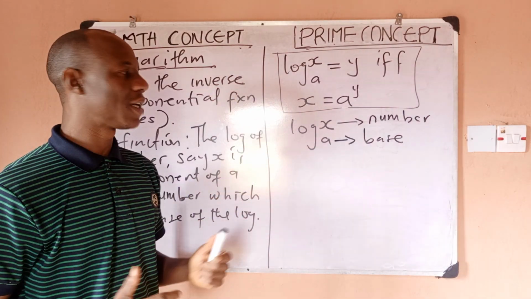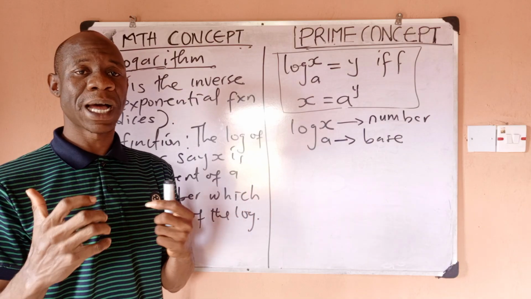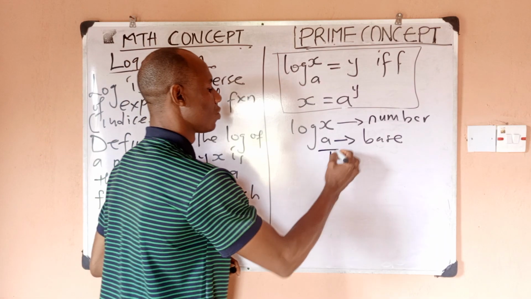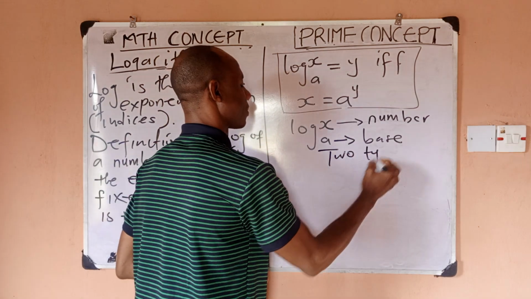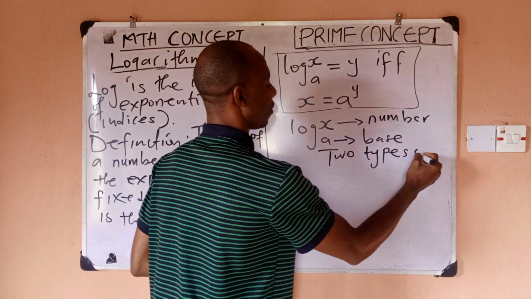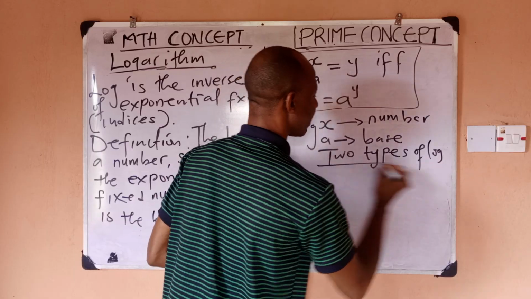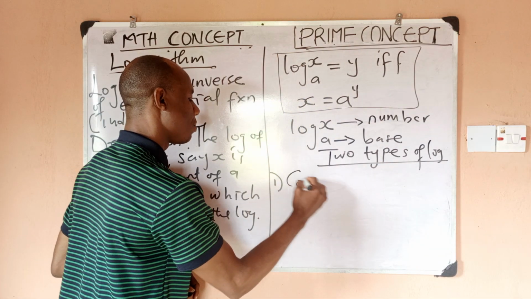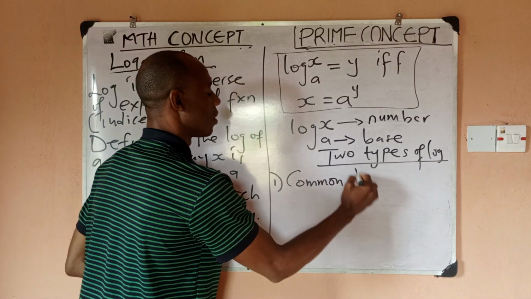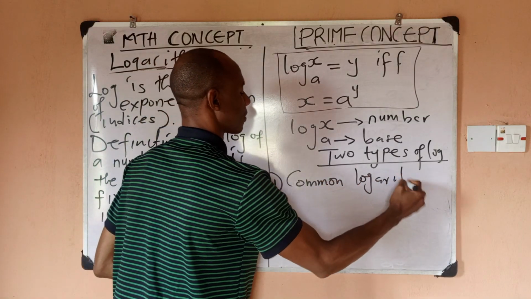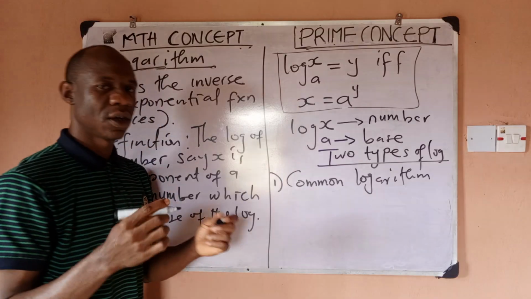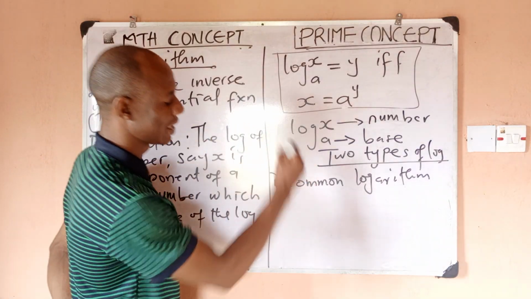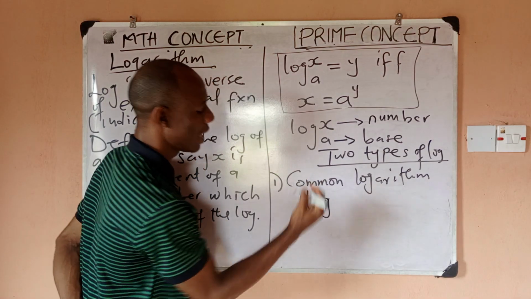And it is very important for us to know that we have two types of log. Number one is what I would call common logarithm. When you say common logarithm, this is where you would always be seeing the symbol log.